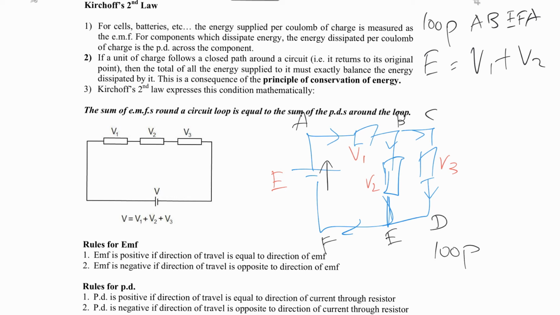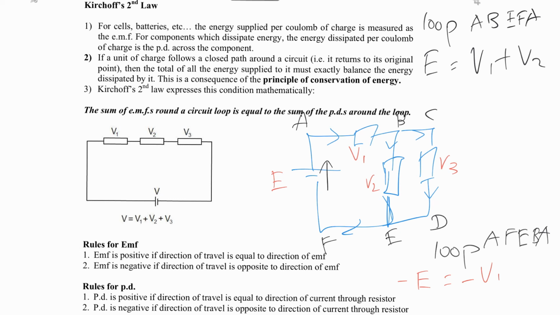I show you the difference if I read anti-clockwise. Let's say I read loop A, F, E, B, A. That means I'm traveling anti-clockwise this way. So if I'm traveling anti-clockwise, I'm traveling this way, but the EMF is opposite, so therefore it is negative E. When I reach these two resistors, let's say I come to this resistor, I'm traveling here to the left from B to A, but the current is from A to B. So it's a negative PD, so it equals negative V1.